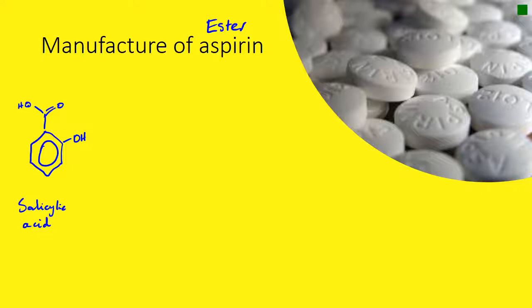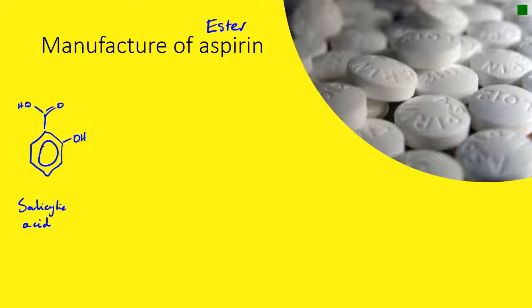But in industry, it's mostly the acid anhydride that's preferred, and the reason is, one, it's cheaper. The anhydrides are cheaper than the ethanoyl chloride, for example. It's also safer to use, with no hydrogen chloride coming off, making it less corrosive, and it reacts more slowly, so that it's easier to control.